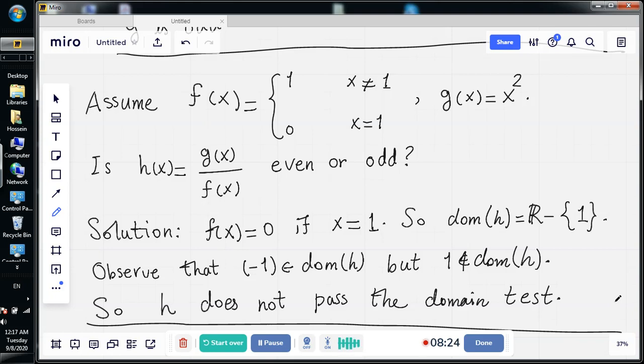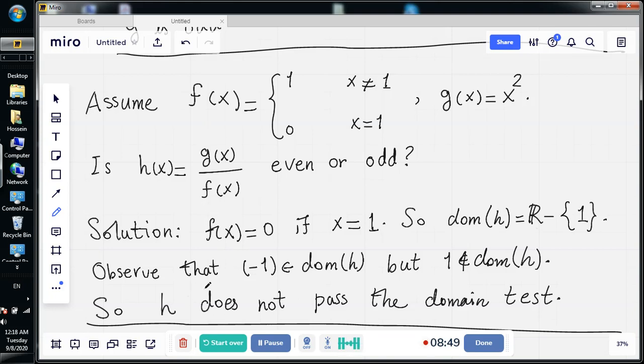But f of x is equal to 0 if and only if x is equal to 1. So every point except for 1 is in the domain of h. So domain of h is equal to all of the real numbers except for 1. As you see here, R minus singleton 1, which means every point except for 1.